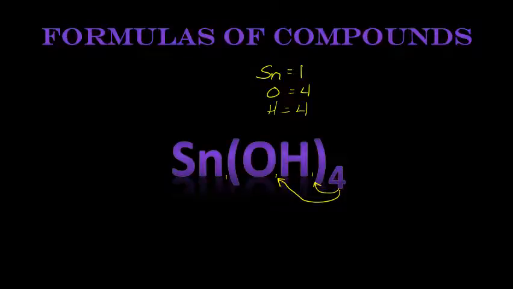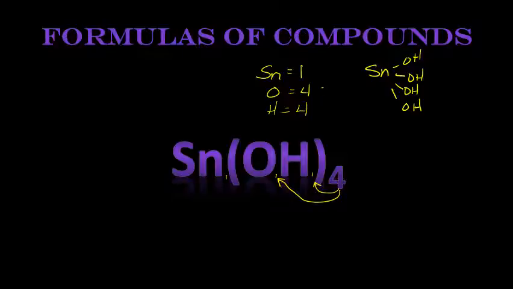What this tin hydroxide really means, if you take a close look at it, is that another way I could write it would be Sn, OH, that line represents a bond, OH, OH, and another OH. So we could add these up, or we could use multiplication, which of course is just fast addition.